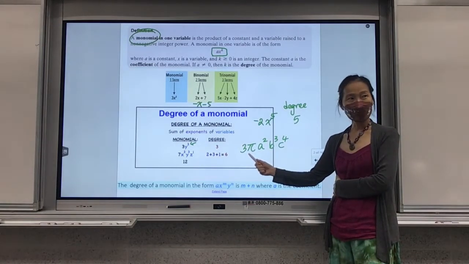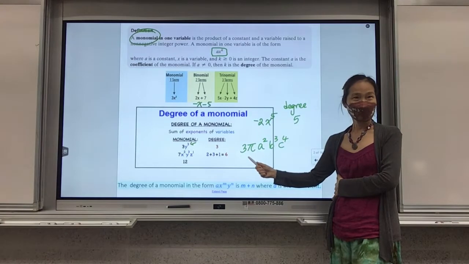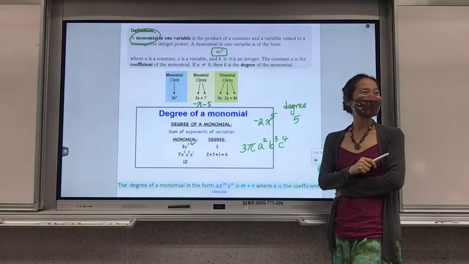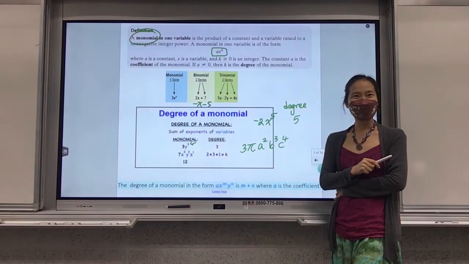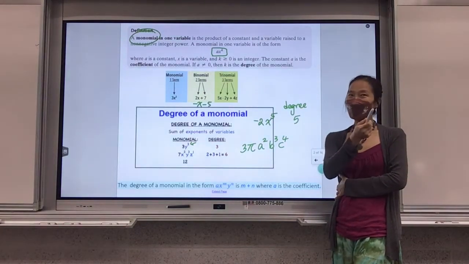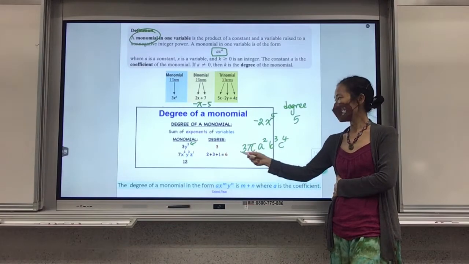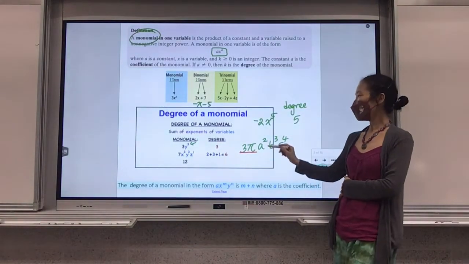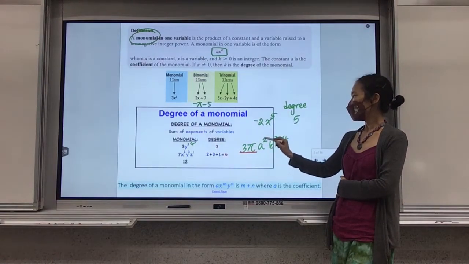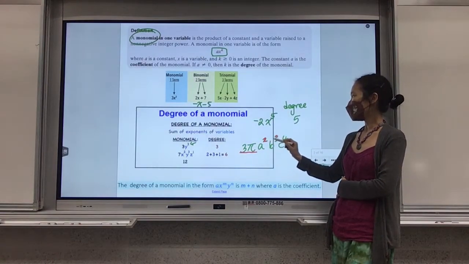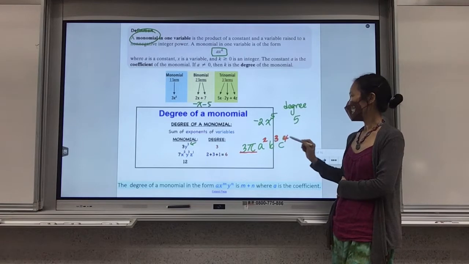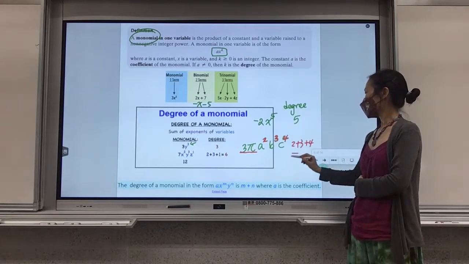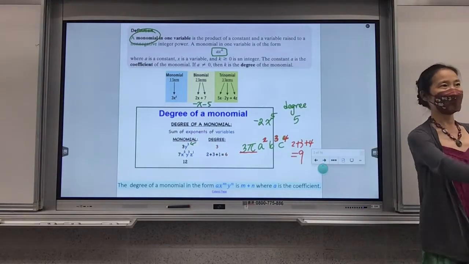Is it a number or is it a variable? You know pi since elementary. How big is pi? 3.14. So it is a number. So this is a constant, okay? Don't look at pi as a variable. So the only variable is a. So you're gonna take this power. So 2 plus 3 plus 4. It is 9. Correct.